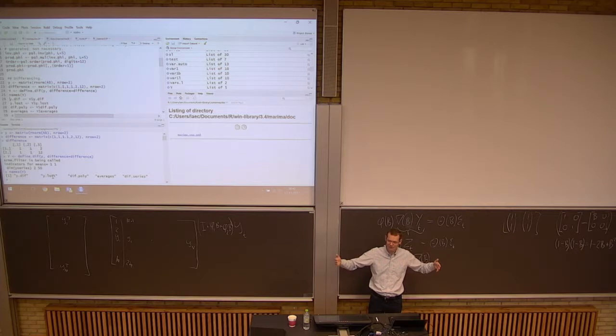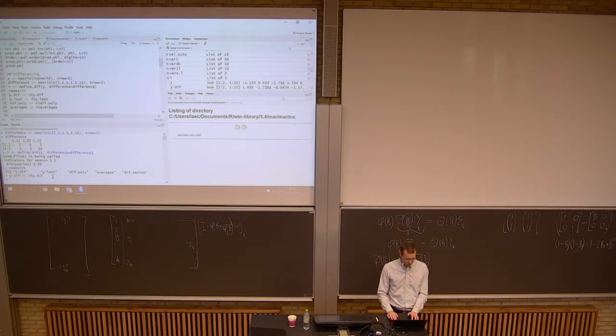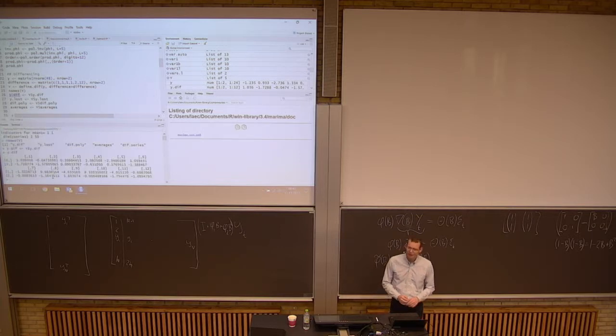Does that make sense? So the difference data that I get out here, now I only have 12 left out of my 24. Maybe I should do it just to underline that. I will write 25 up here.